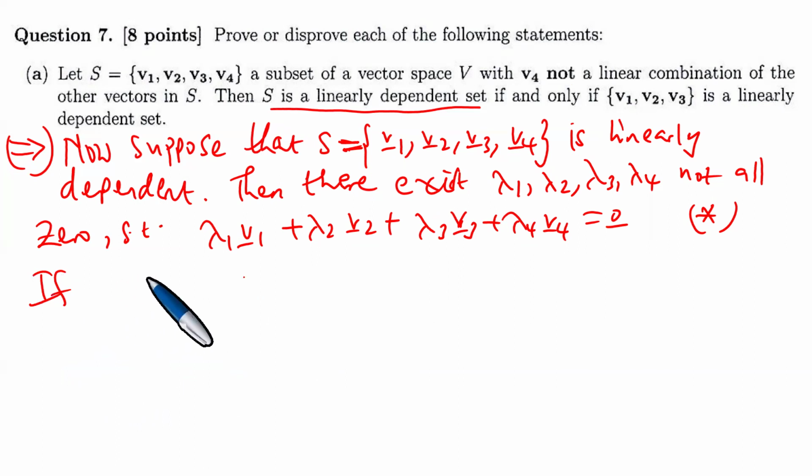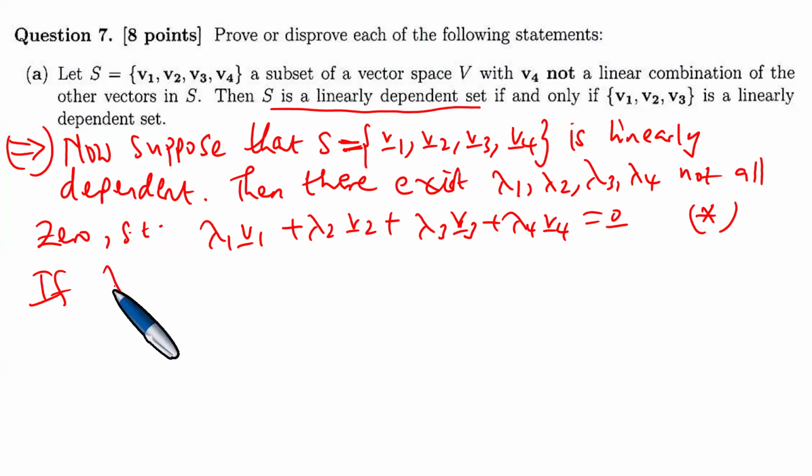Now we argue here because we want to reduce these 4 vectors to 3. So now we want to look at the case where we can have a 0 term here.